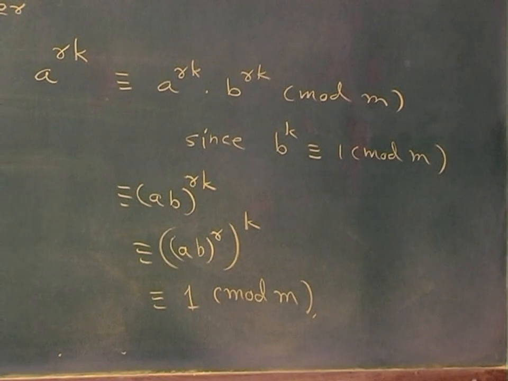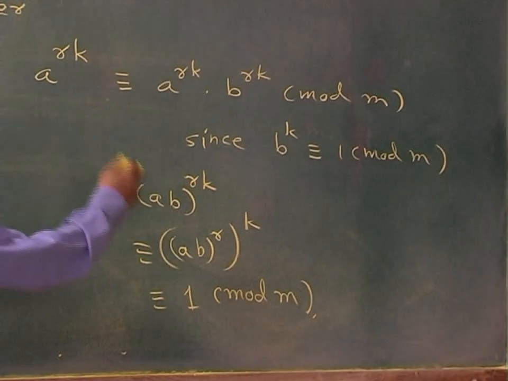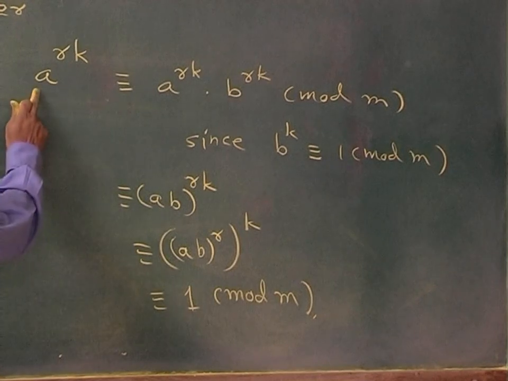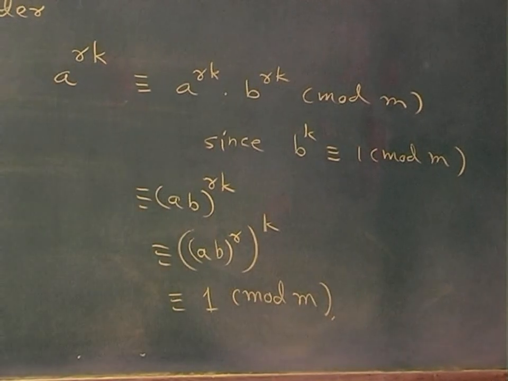What does this show? This shows that the order of A has to divide RK.